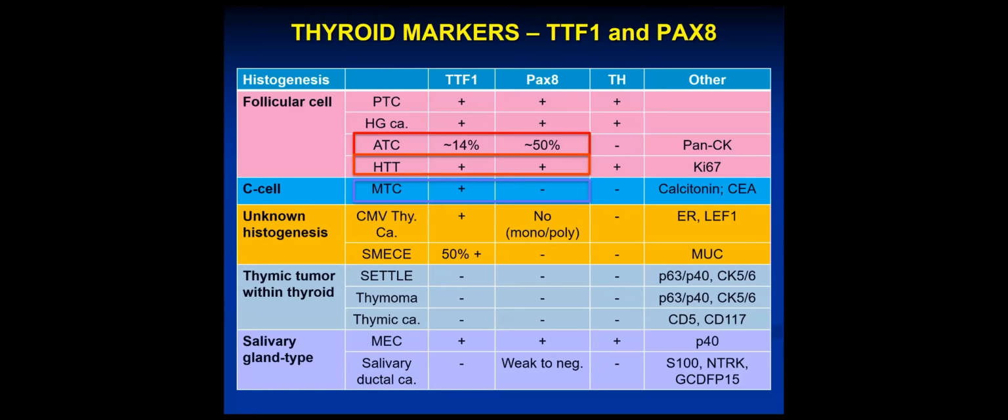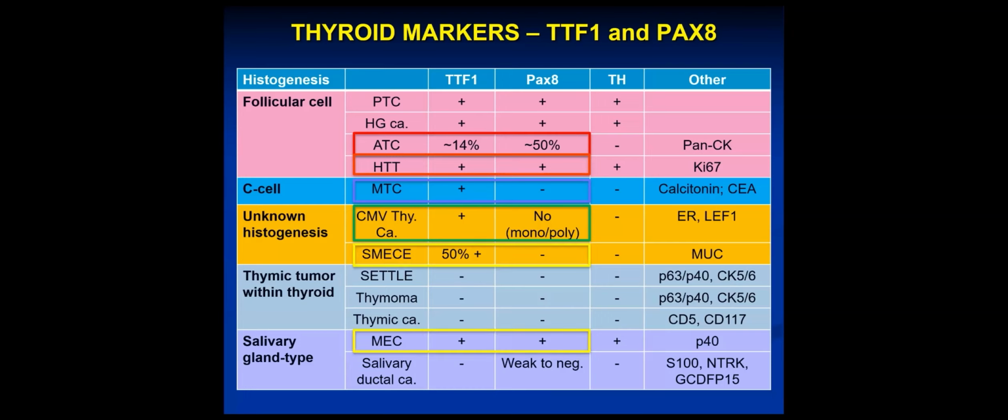Of course, other markers such as neuroendocrine markers, calcitonin, and CEA are positive. And for cribriform morular variant thyroid carcinoma, which was a type of PTC and in the most updated WHO book is now classified as unknown histogenesis, it's positive for TTF1 while negative for PAX8.